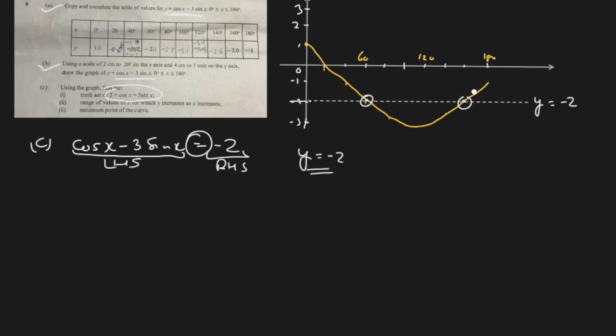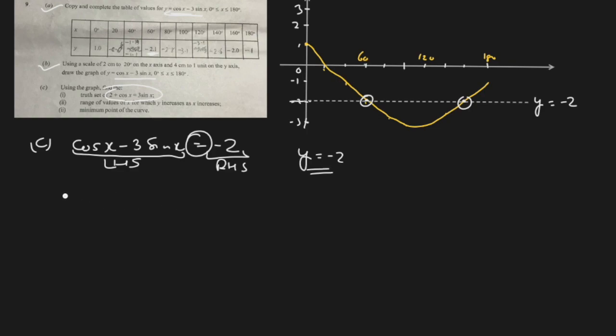These two will be the places where the truth set will be found, because I have drawn a little up. Can you see? Minus 2.1 at 60 degrees, minus 2.1, and it is going down. That means it will be a little lesser than 60, say 59 degrees.